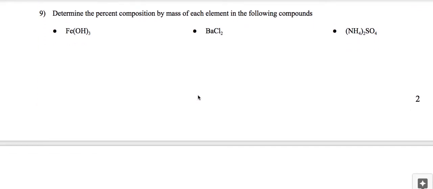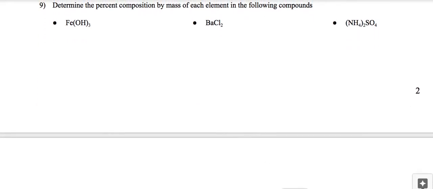We have percent composition by mass. Our iron 3 hydroxide. Remember the percent composition, any kind of percent value is going to be the part divided by the whole. And so the whole is going to be the entire molecular mass of this thing.